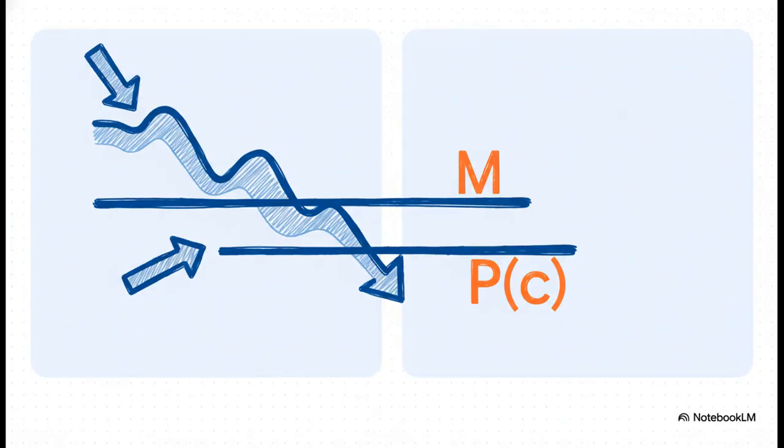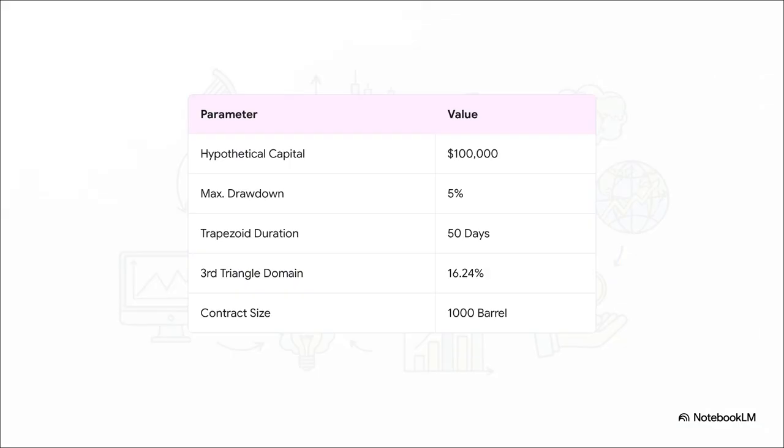So the plan kicks off by defining two potential entry points. The primary entry is called M, and it's set at a price of $57.66. Then there's a secondary entry, just in case, labeled PC, which is set a bit lower at $54.29. Now, this right here is the heart of the planning phase.